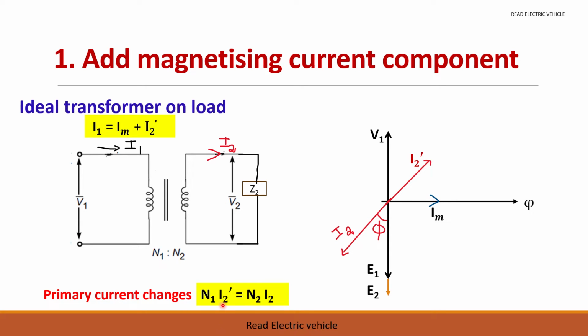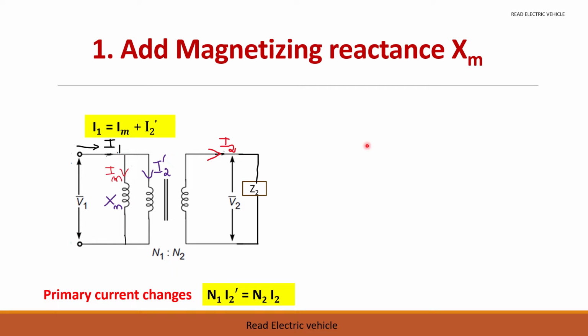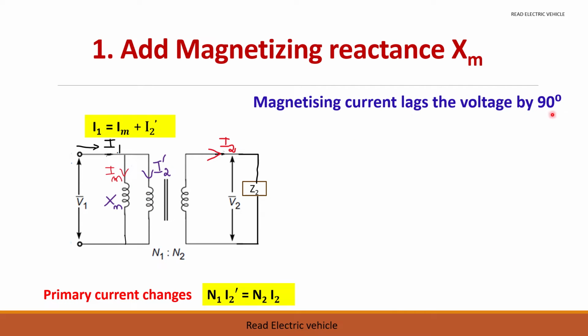So this I2 dash will be in antiphase with I2, and Im plus I2 dash, if you find the addition, you will get I1. So I1 lags V1 by some angle phi. Now we can see that Im is at 90 degree here and it lags the supply voltage by 90 degree. So the magnetizing current is lagging the voltage by 90 degree.